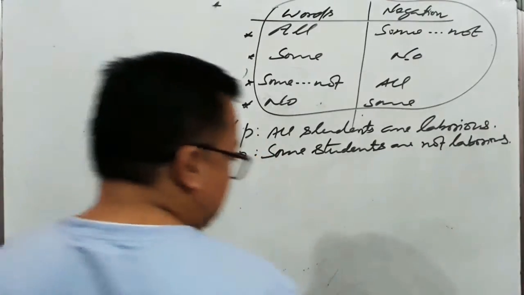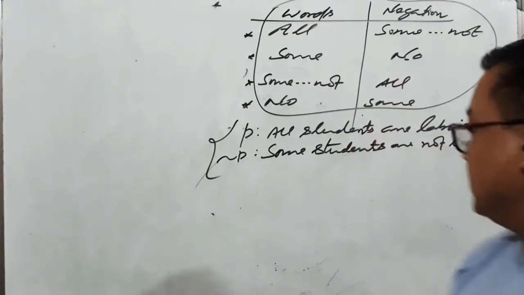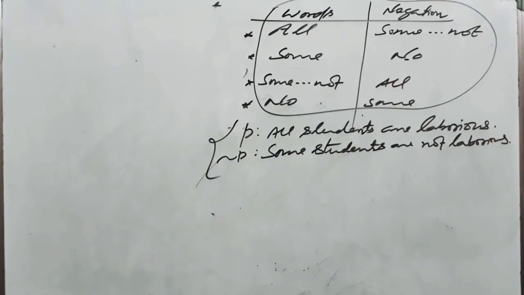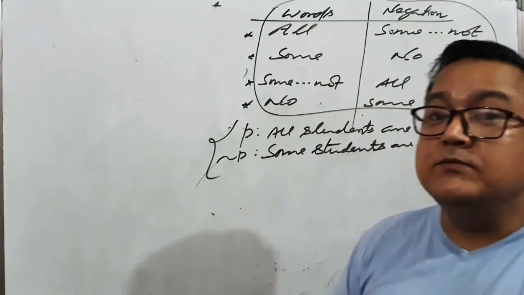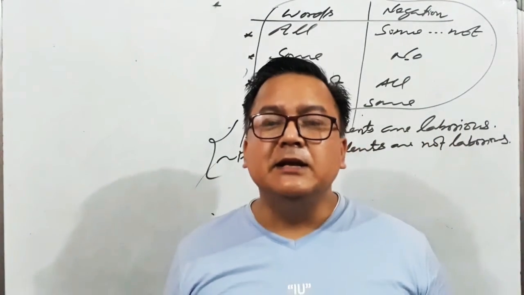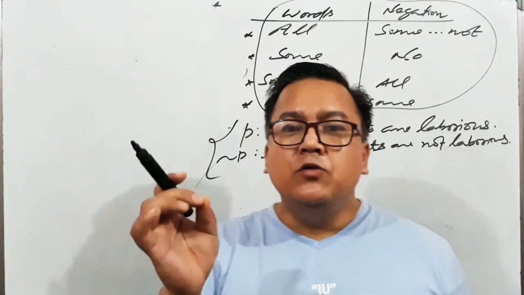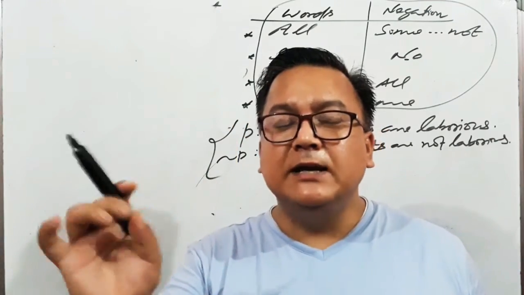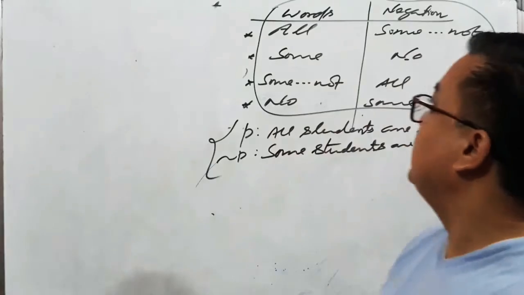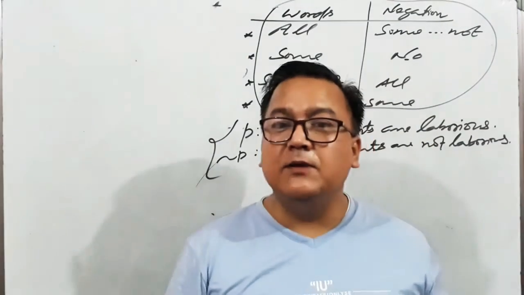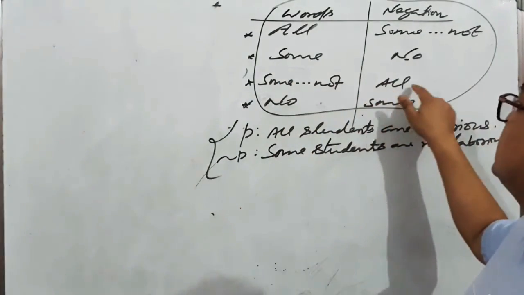Now I'll tell you orally how you make the negation. If you get some students are laborious, then the negation is no student is laborious. If you get some students are not laborious, then you use all students are laborious.